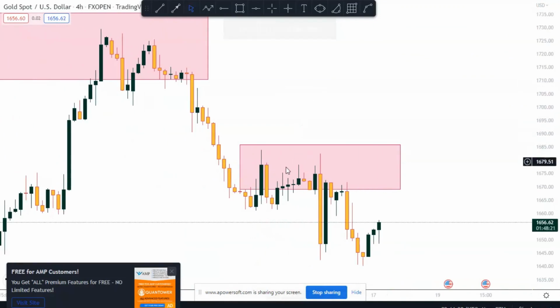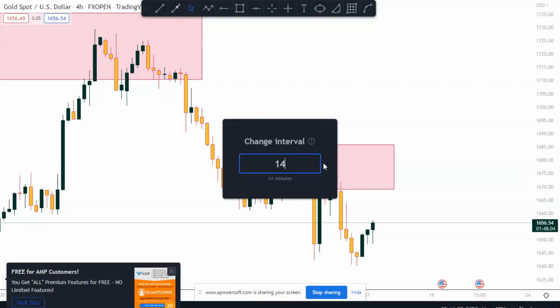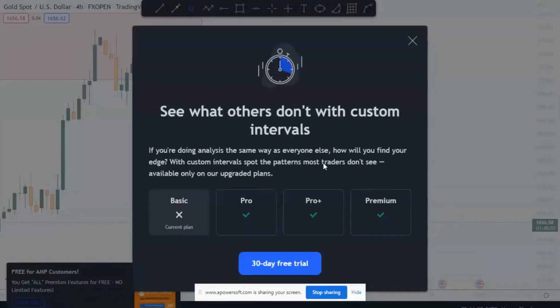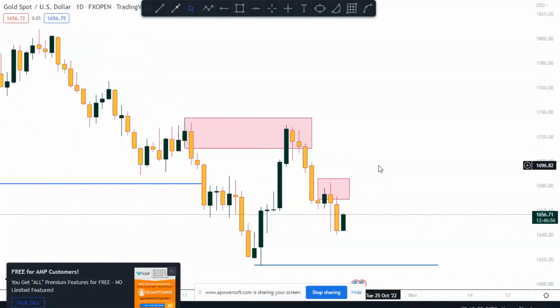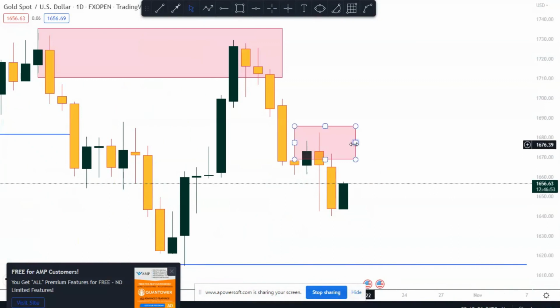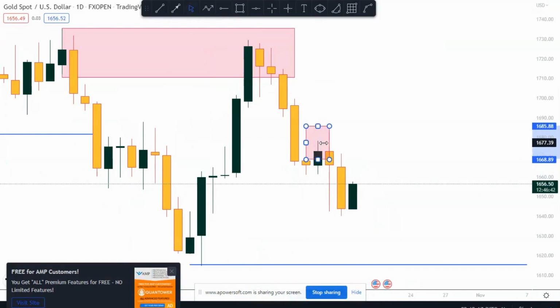Let's go to H4. And what do we see? Now, remember, on these candles, the two candles that I highlighted, I only highlighted the candle wicks. But let me first go back to the daily and highlight only two, because it will be much easier for me to emphasize a certain point.